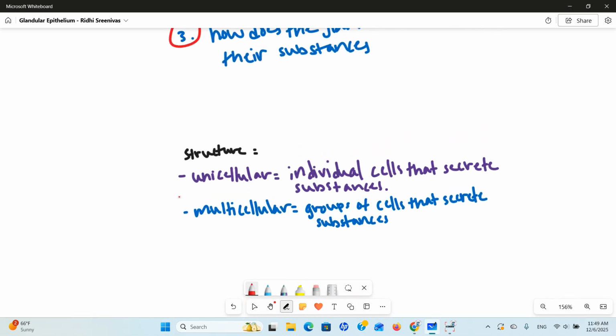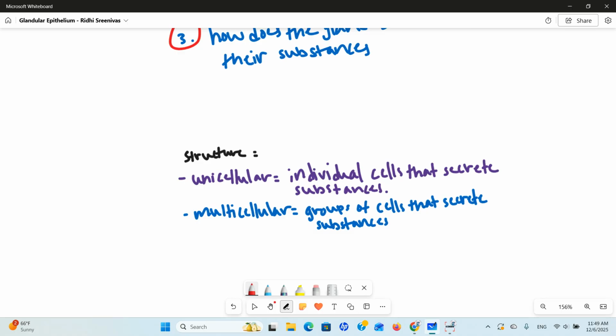So let's first look into the structure of glands. They can either be unicellular or multicellular. Unicellular glands are individual cells that secrete substances, and an example includes mucus cells, which secrete mucin, while multicellular glands are groups of cells that produce those secretions.